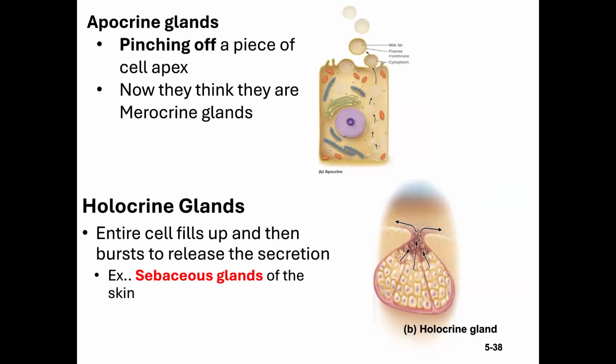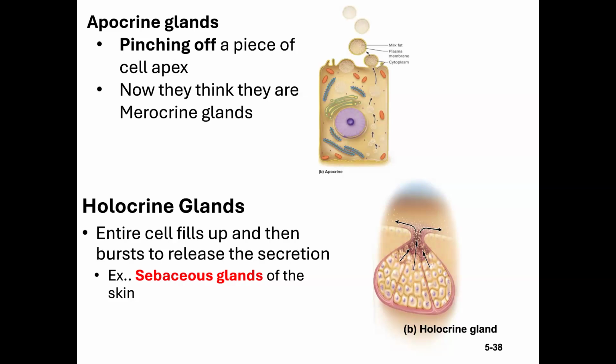And then there's what is known as a holocrine gland. This gland fills up entirely and then it bursts. And that's how sebaceous glands work. What does a sebaceous gland produce? Pus? No. Oil. Sebaceous, like sebum. Yeah, sebum is oil.